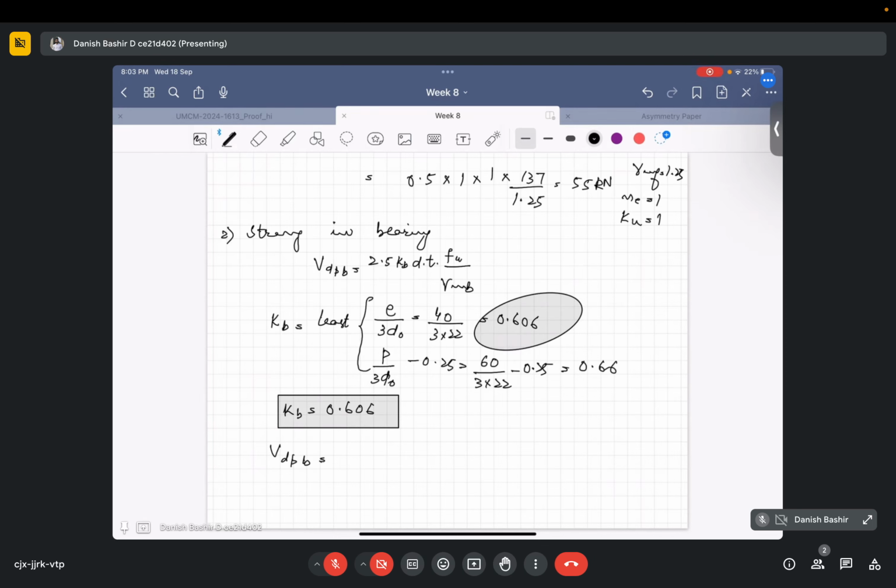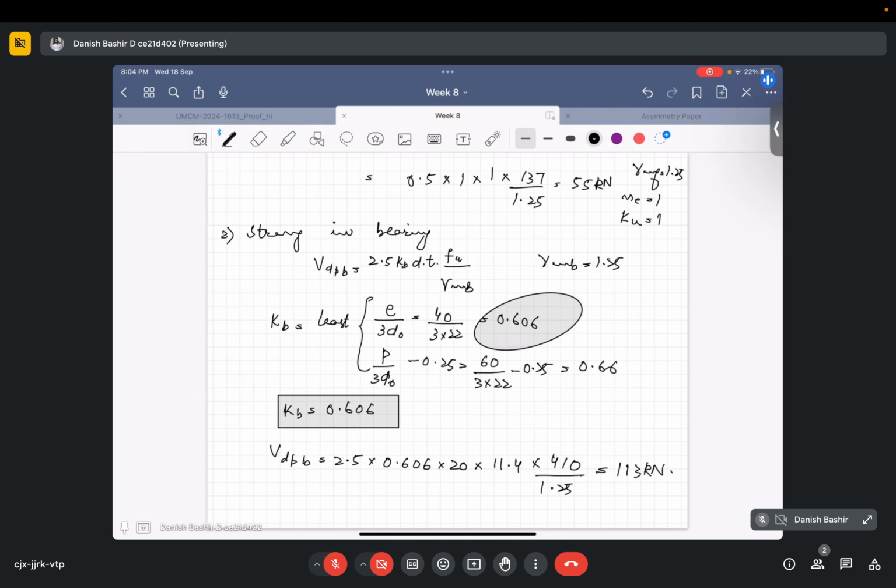Then VDPB comes out to be 2.5 times 0.606 times D, which is 20, times thickness, which is 11.4, times FU, which is 410, divided by gamma MB, which is 1.25. I am taking gamma MB to be equal to 1.25, so it is equal to 113 kilonewton.